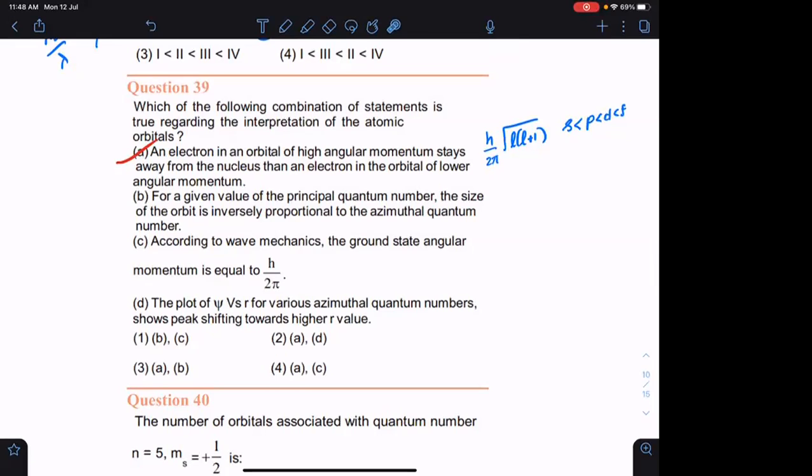For a given value of principal quantum number, the size of the orbit. यहाँ पे orbit करके बोल रहे हैं.